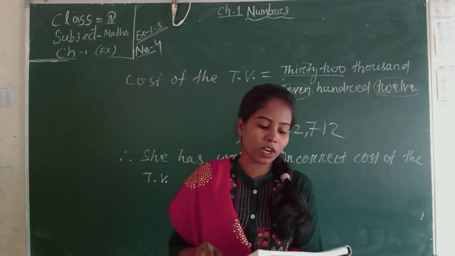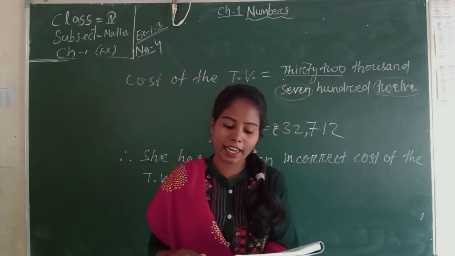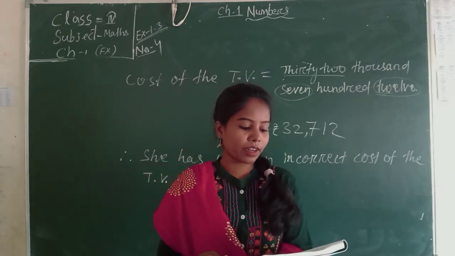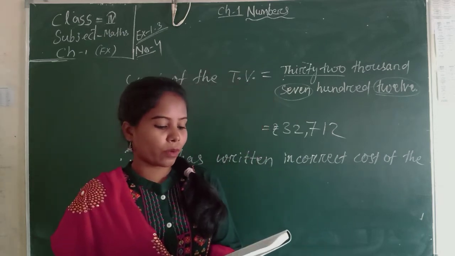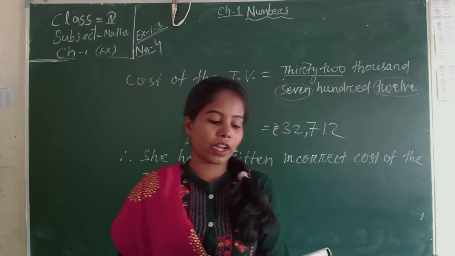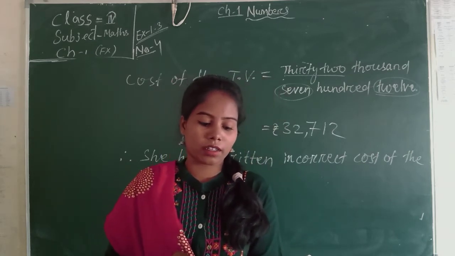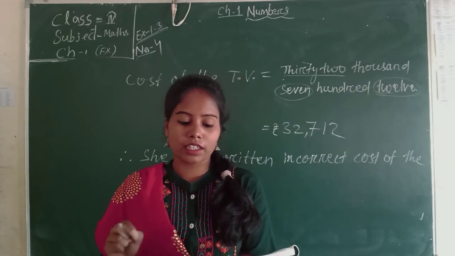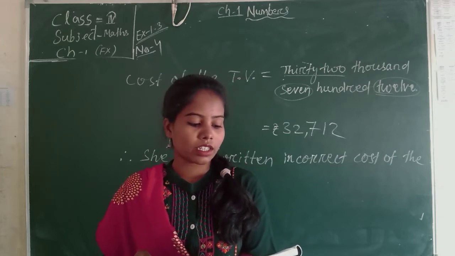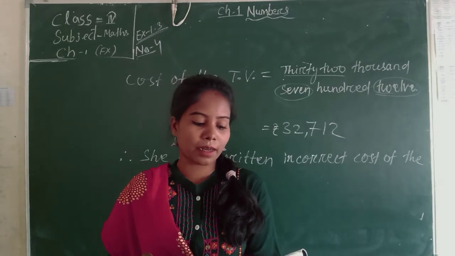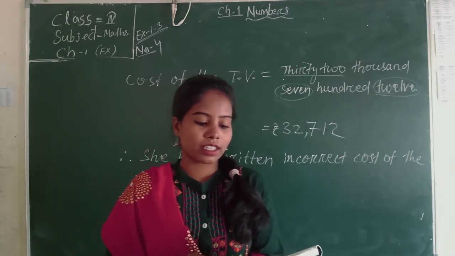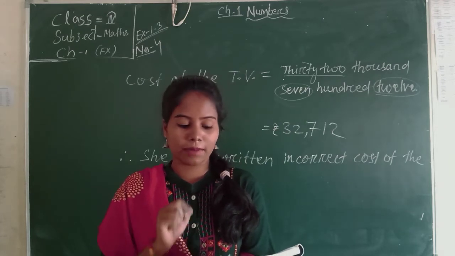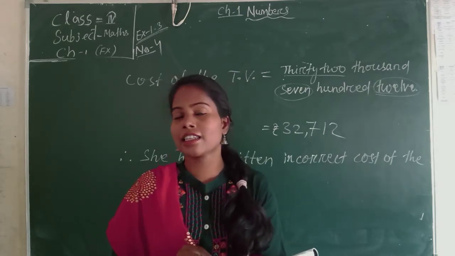His father told him it is rupees 39,677 for one person. Next, he wrote this 39,677 in his answer sheet.